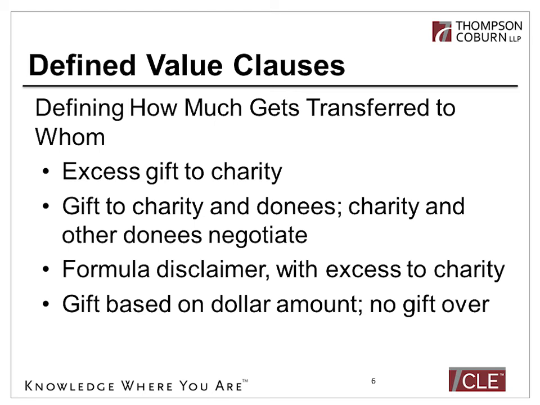Another way to do it is a formula disclaimer with an excess to charity. So I'm giving all of my stock to my daughter. And the daughter says, I'm disclaiming, I'm refusing to accept anything that's above my mom's estate tax exemption. So you can do a formula disclaimer, and the code and regulations will accept that.